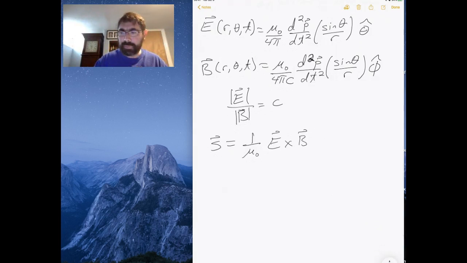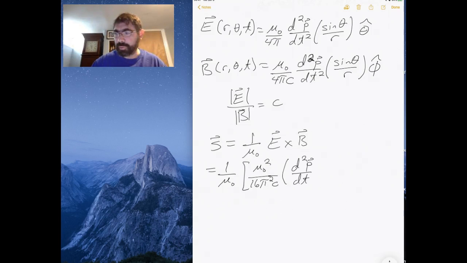And so that turns out to be 1 over mu0 squared over 16 pi squared c, the second derivative of the dipole moment, times the sine of theta over r, squared, and then I have theta hat crossed into phi hat, which is going to give us r hat.